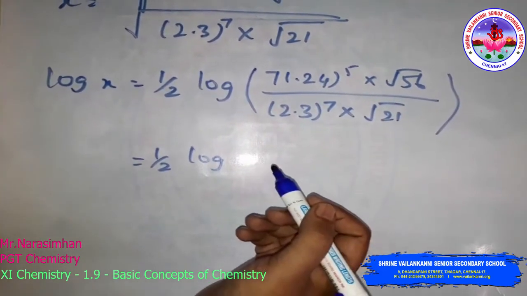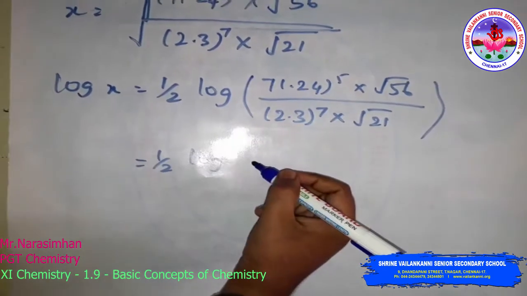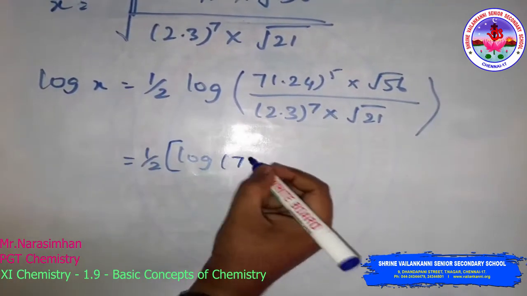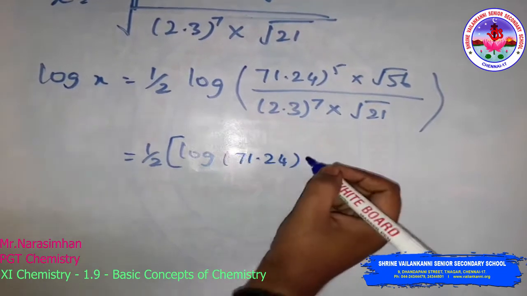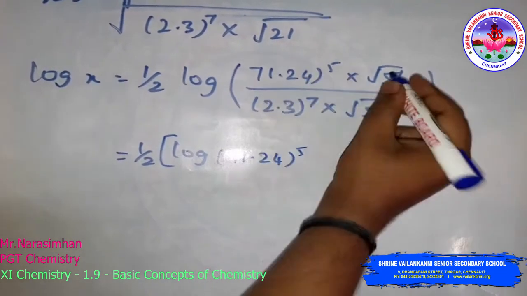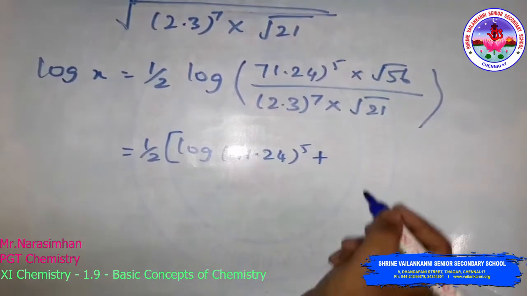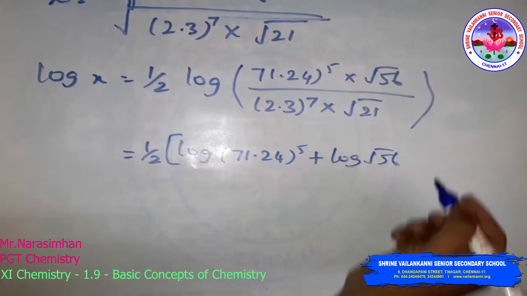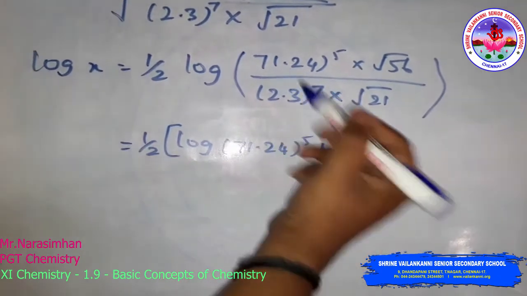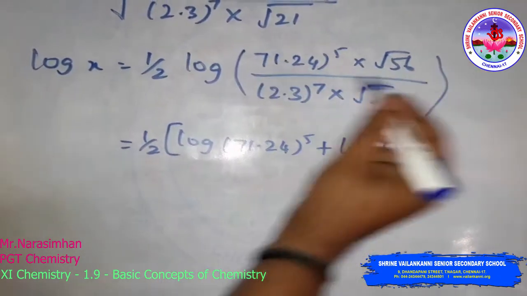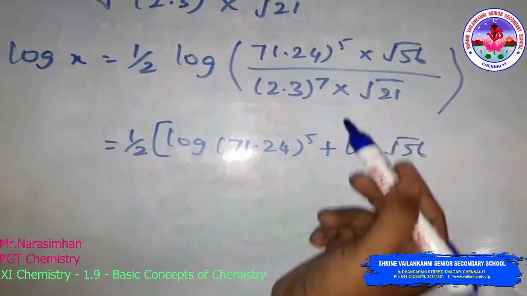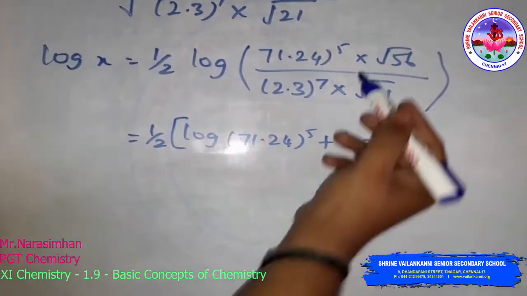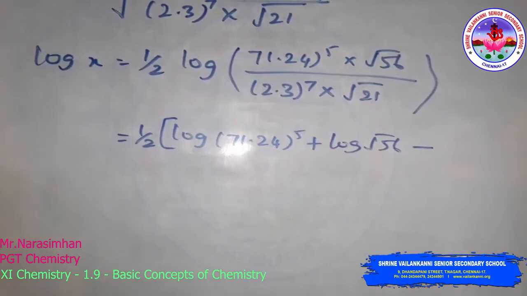Division type means you have to use the log of 71.24 power 5. This is multiplication, using the log of root 56. Then division means these two values multiplication and these two values division. So multiplication values should be added, division values should be subtracted, so that minus sign.